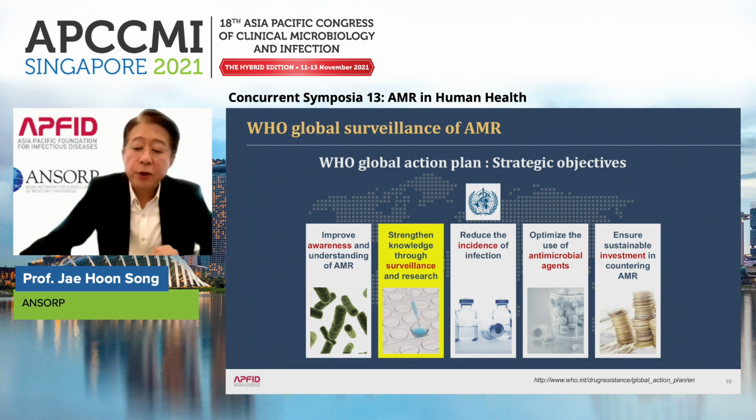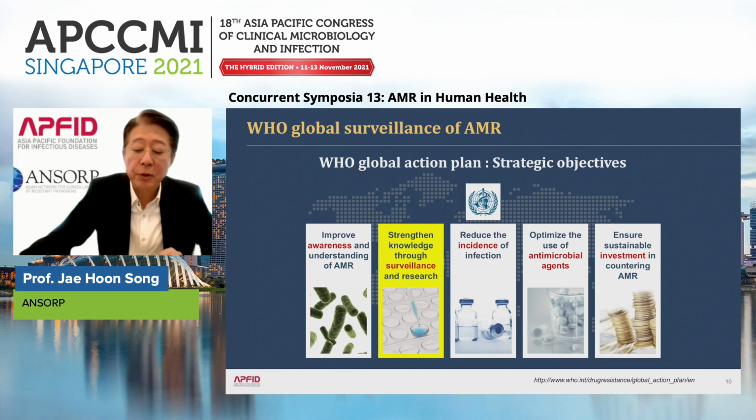WHO announced the Global Action Plan to combat AMR in 2015. I joined the special committee of WHO, STAG AMR, to prepare this. The WHO Global Action Plan includes 5 major strategies: increase the awareness of resistance, perform the surveillance and research, reduce the incidence of bacterial infections, optimize the use of antimicrobial agents, and ensure sustainable investment in combating AMR.